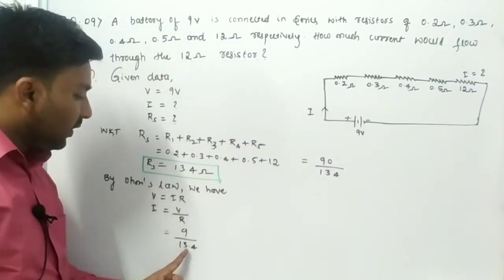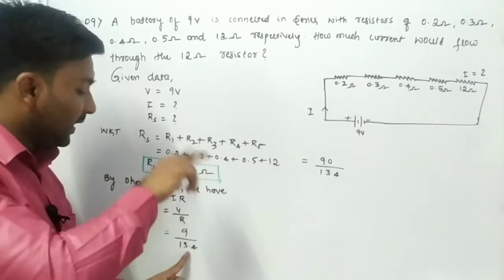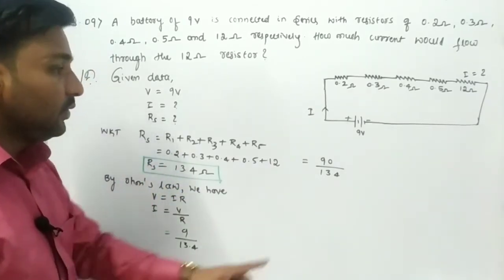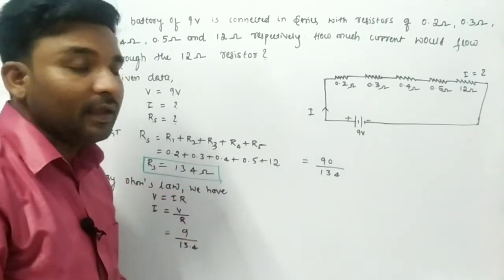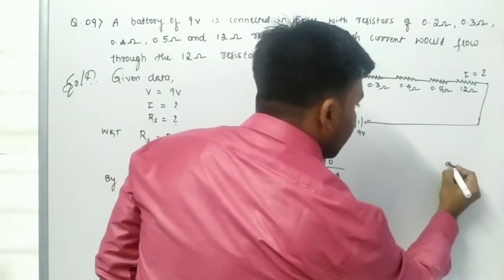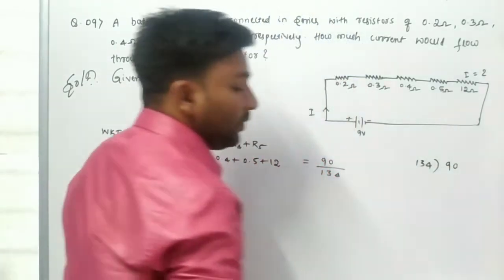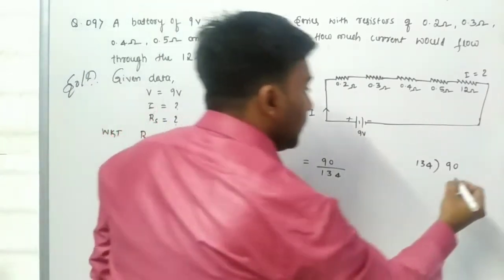I have removed the decimal point from the denominator and taken it into the numerator. So it is 90 divided by 134. Now divide this.